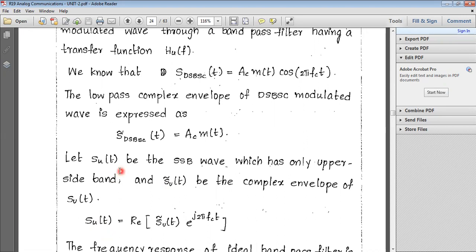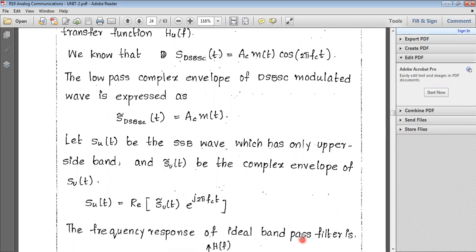Already you know the SSB representation Su of t. What is the formula for that? If we know the complex envelope for Su of t, we can easily calculate the normal Su of t.